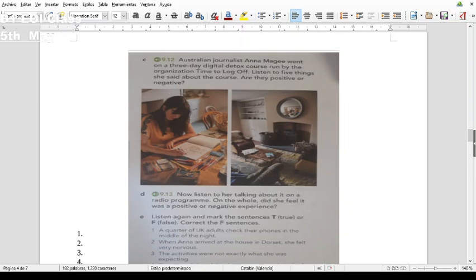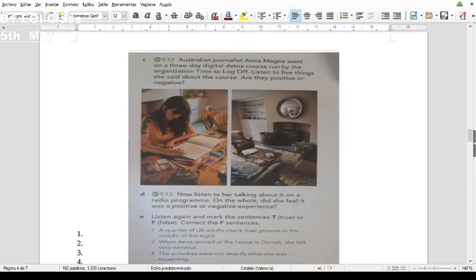3. I slept really well for the first time in months. Very positive to sleep well for the first time. Because being addicted to technology makes you sleep very badly. 4. I felt really disconnected and lonely.